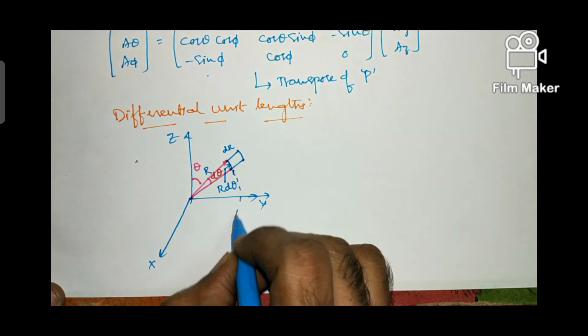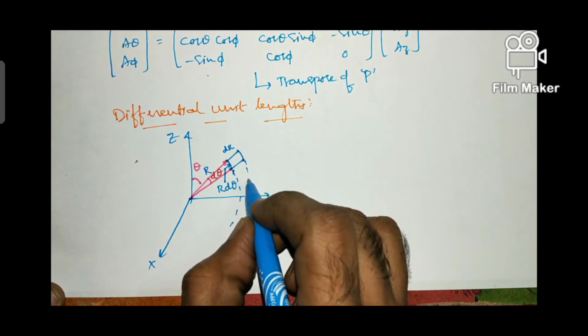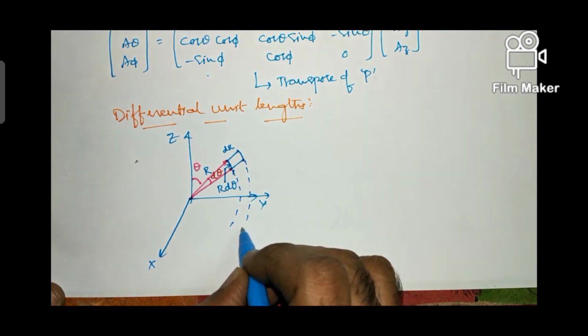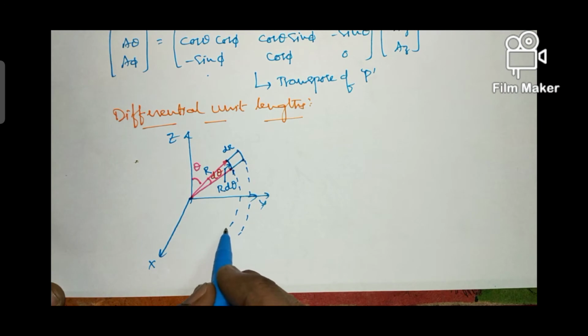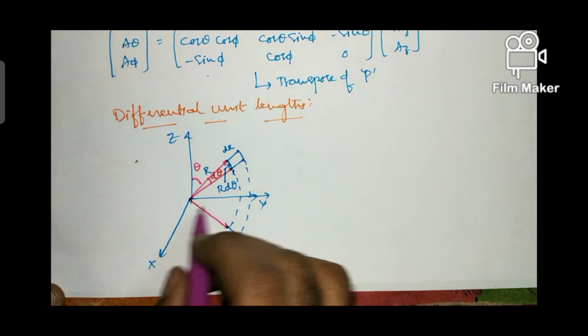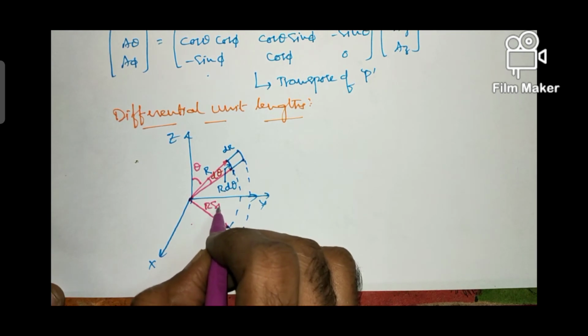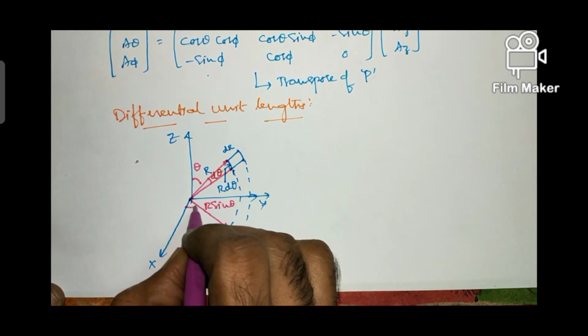And let us have the projection of this dr onto the xy plane. This is the projection of dr, and let us have r sin theta here. These things we have derived in the session 1 of spherical coordinate system.